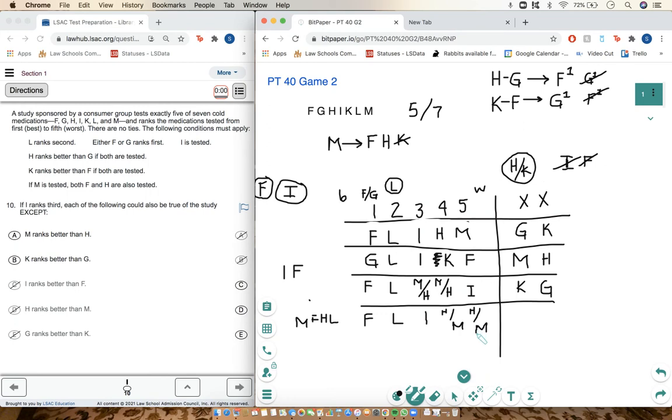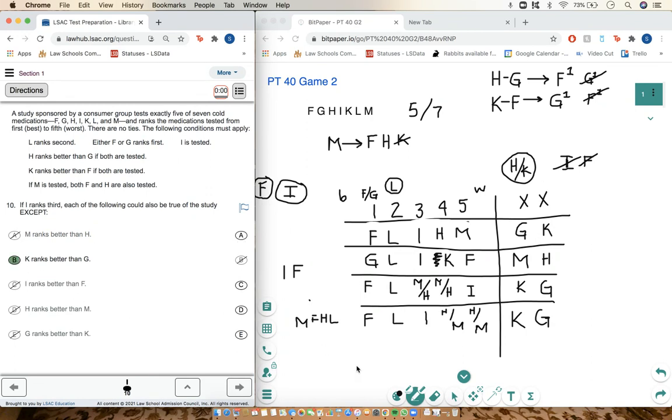It does, right? If you have F here, you're taking care of this rule. Okay, we put L second. We have I and F on this side. We don't have H and G together, and we don't have K and F together, so neither of these rules apply. So basically, in this situation, we would have K be out, and then we would also have G be out. So this definitely works. So we can cross out the fact that M can rank better than H, because M can rank better than H.